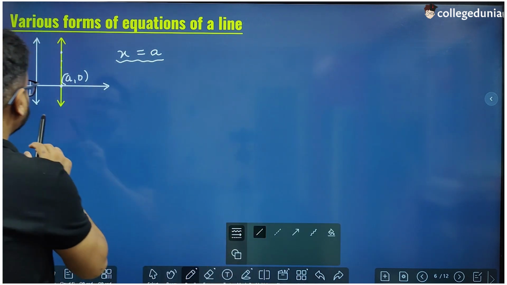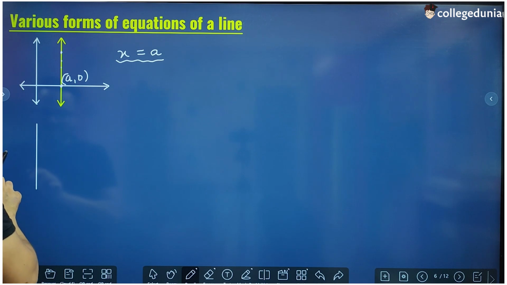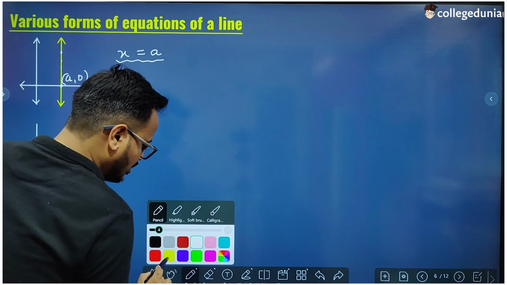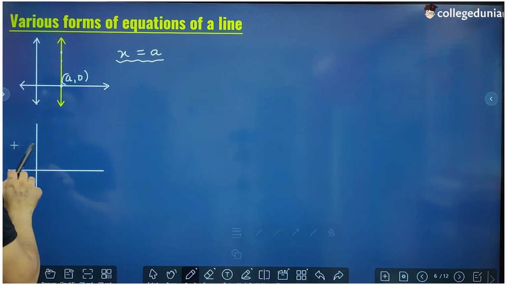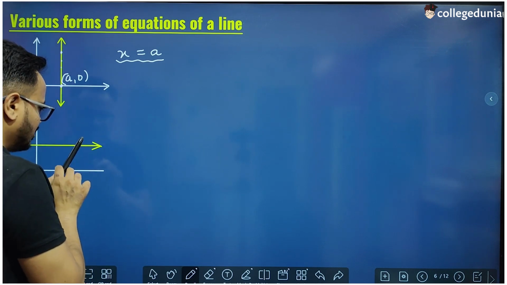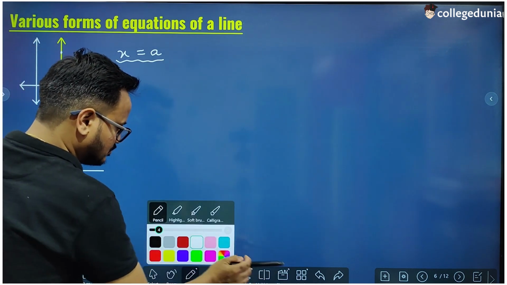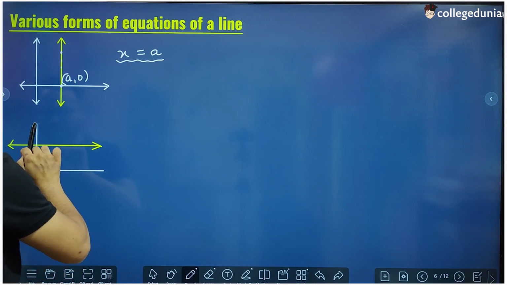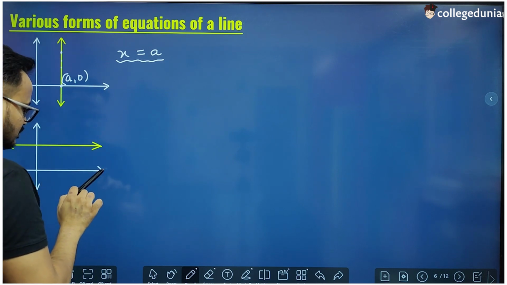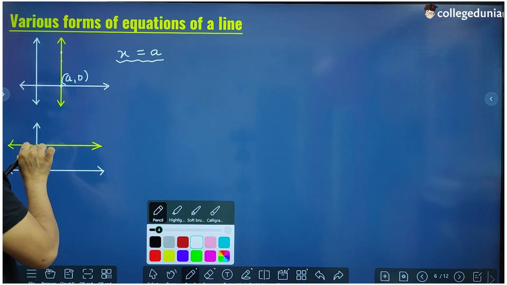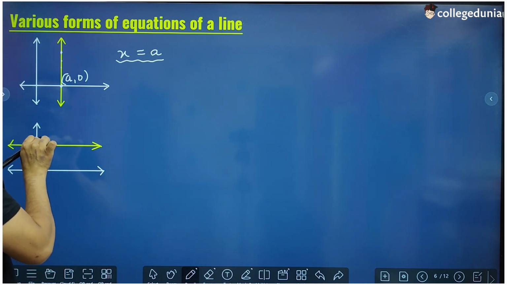Okay, what happens if the line is parallel to the x-axis and not the y-axis? Suppose this is a line and this point is 0 comma b.